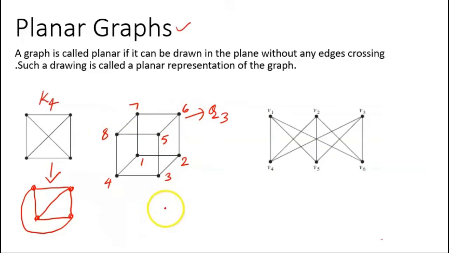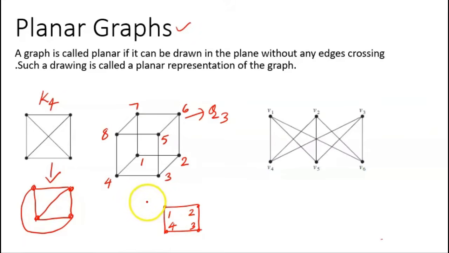To draw its planar representation, first I am going to draw these four vertices, 1, 2, 3, 4. Let us join them the way they are joined on the bottom surface of the cube, numbered 1, 2, 3, and this vertex is vertex 4.